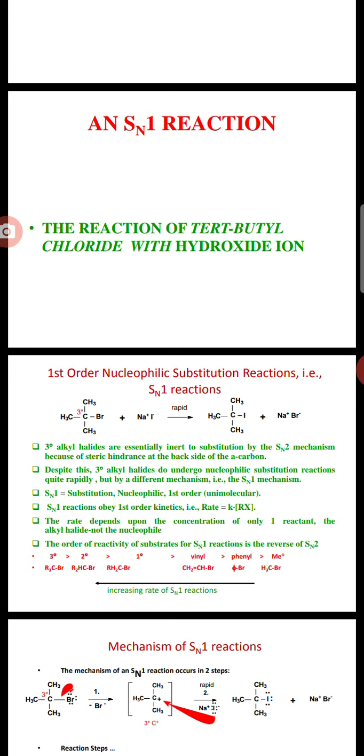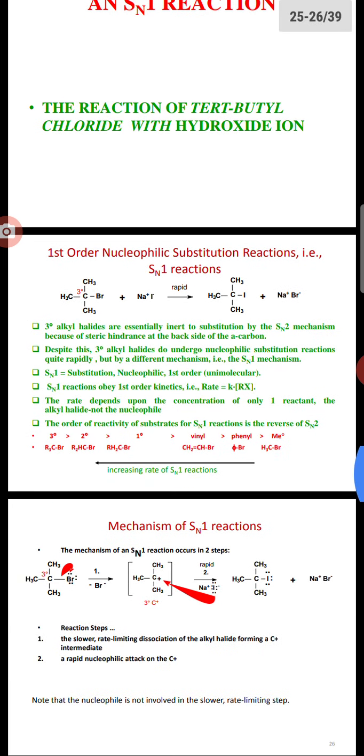SN1 substitutions are first order reactions. They obey first order kinetics and depend only on the slow step of the reaction, which is the leaving of the group from the alkyl halide. The rate depends upon the concentration of the alkyl halide, not the nucleophile.